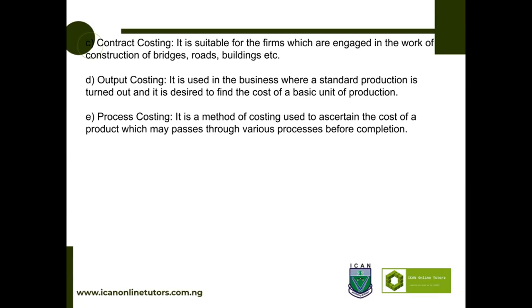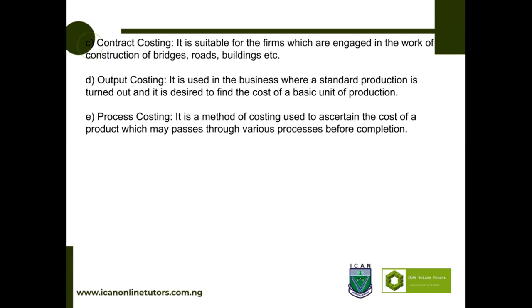At times we call it output produce. When you are just producing an item, for example, food production, all those food items is called process costing. No matter where you go, you will see food items like garri produced, rice produced, oil, groundnut oil, palm oil, they are produced in large quantity. We call that process costing.